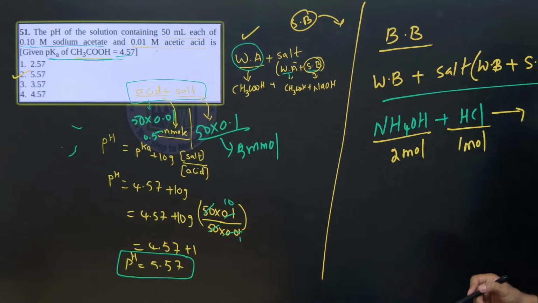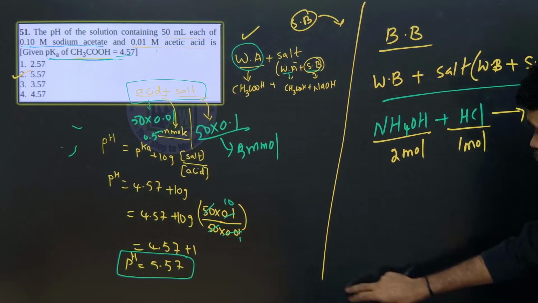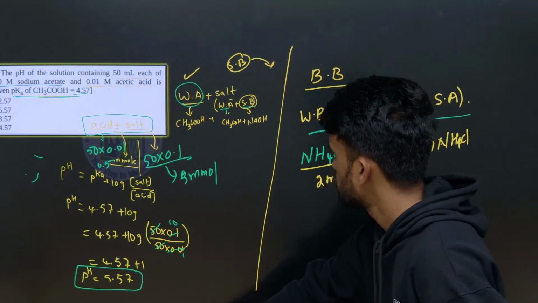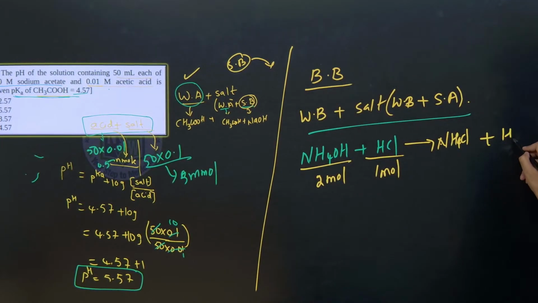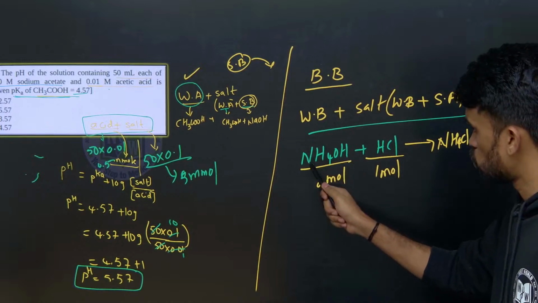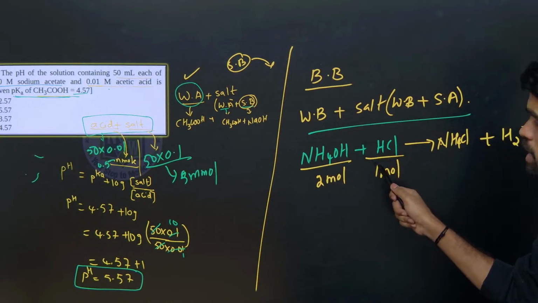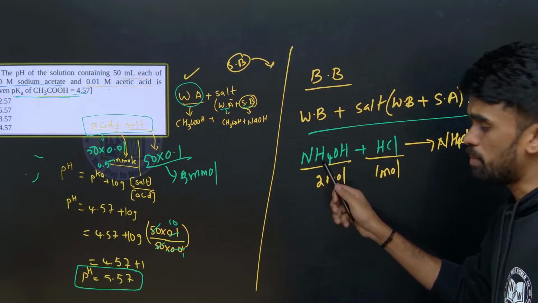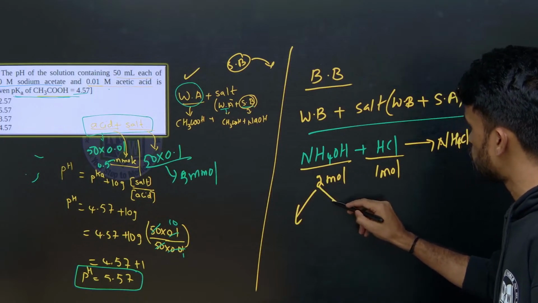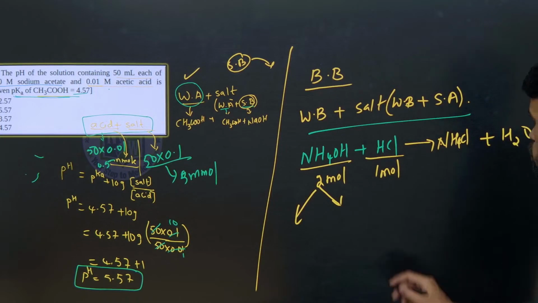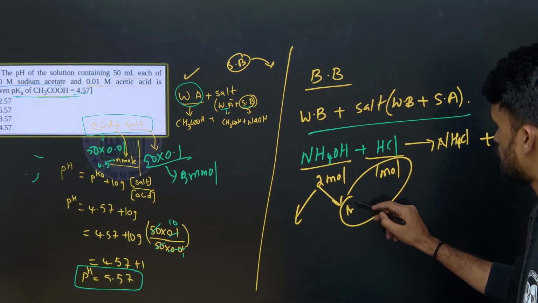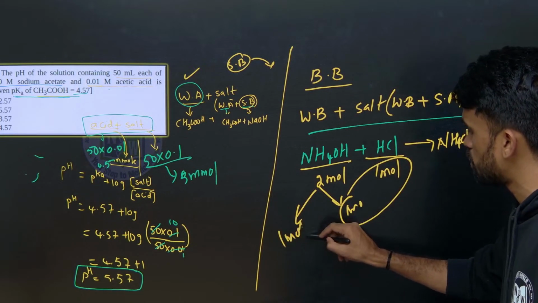Okay, then what is the resultant solution? We will be having NH4Cl and then H2O. So out of these 2 moles, only 1 mole of HCl is reacting with 1 mole of NH4OH. So 1 mole is reacted, 1 mole remains unreacted.